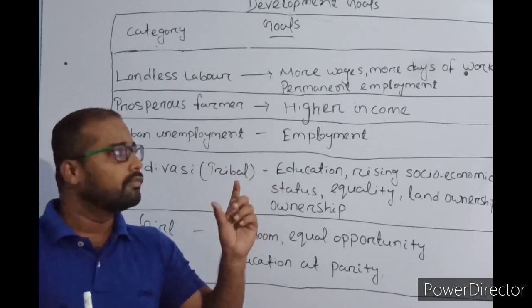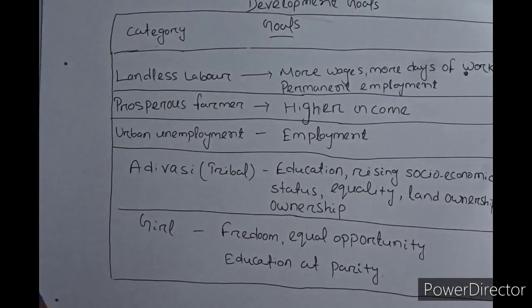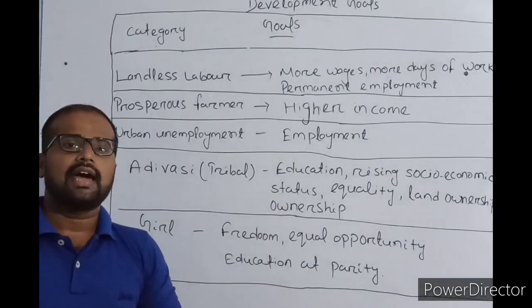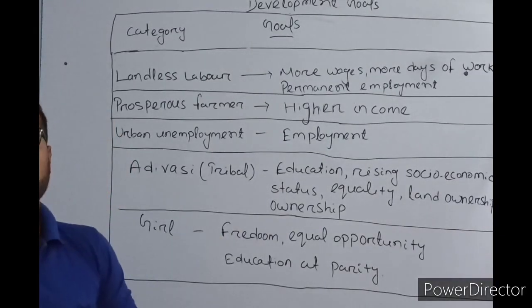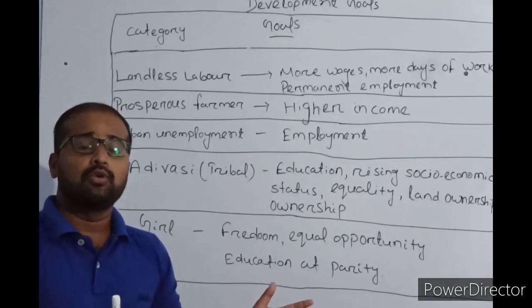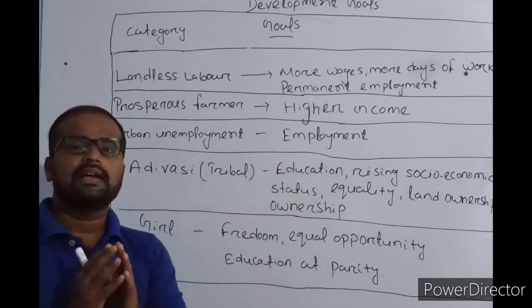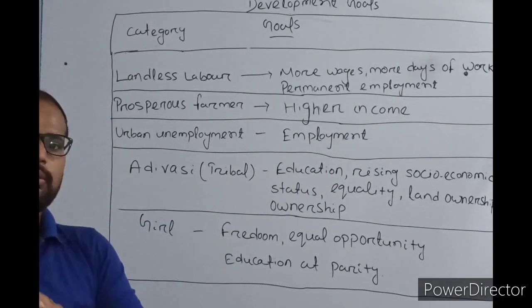Then, for an urban literate unemployed person, the developmental goal is how to get employment. That is the highest developmental goal.